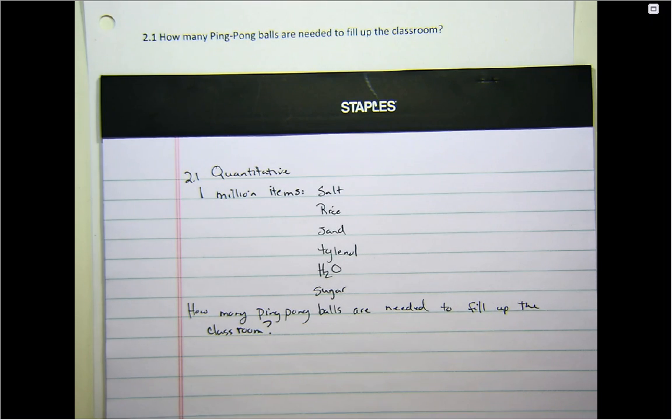So how many ping pong balls are needed to fill up the classroom? Can you go ahead and make a guess? Write down your guess on your notes. You don't have to tell me what it is.